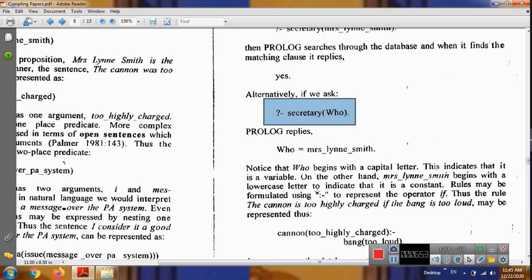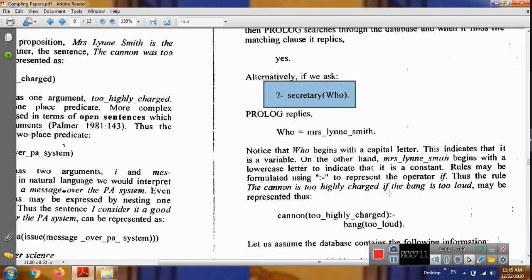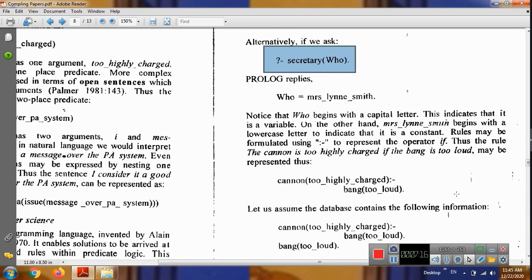Rules may be formulated using this symbol to represent the operator if. Therefore, we show if in such a rule by this symbol. Thus, the rule the cannon is too highly charged if the bank is too low may be represented in this way. Cannon too highly charged is the proposition, its argument, and this symbol means if.